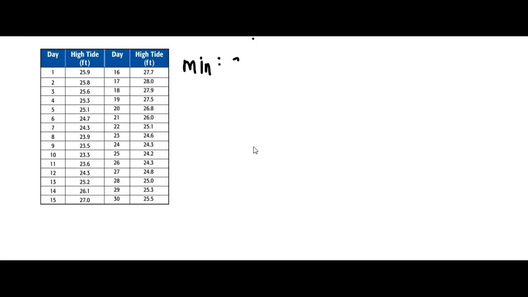So the minimum would be 23.3, and the maximum, anything above 20, it looks like 28.0 on day 17 is our maximum. So now this is going to tell us a lot about our graph.